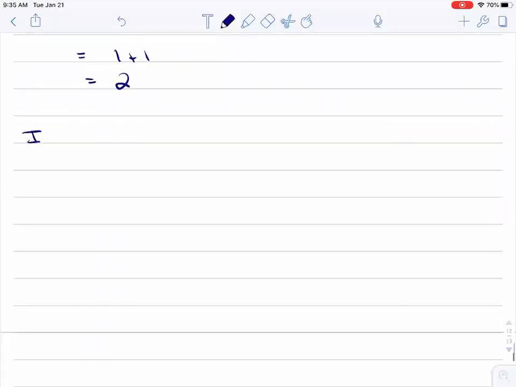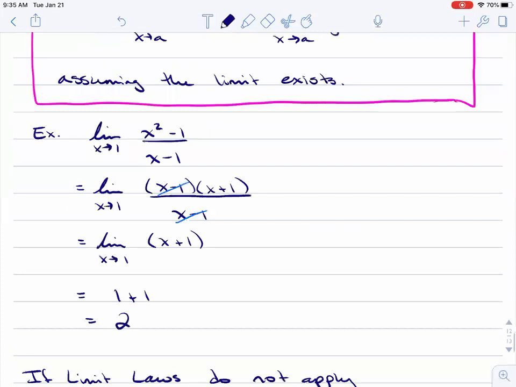And so if limit laws do not apply, right? In this case, if I brought the limit onto the numerator and onto the denominator, that limit in the denominator would yield 0, and so the limit law doesn't apply because that was one of the conditions, that the limit in the denominator can't be 0.